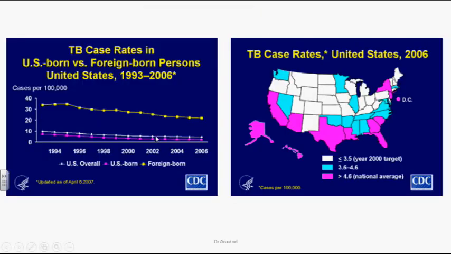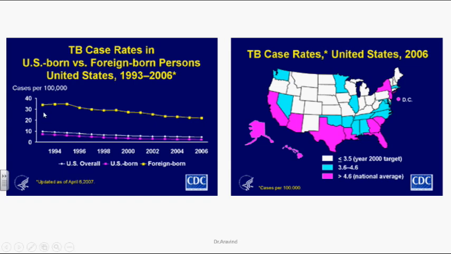So, TB case rates in US born versus foreign born persons in the United States. This survey was done between 1993 and 2006. Here in this graph, the yellow one refers to foreign born people, and the pink one refers to the US born people, and this is the overall average.